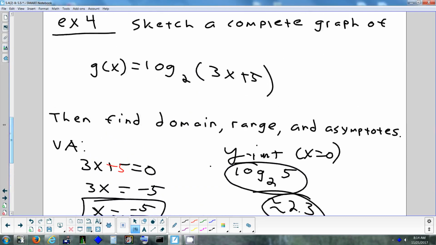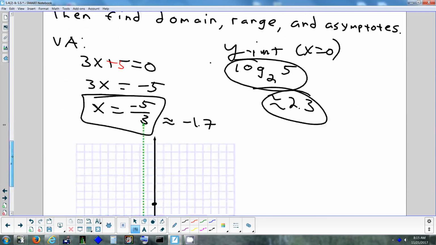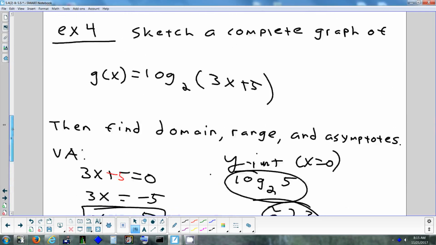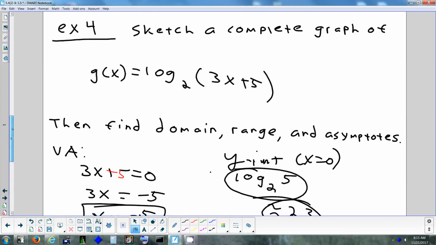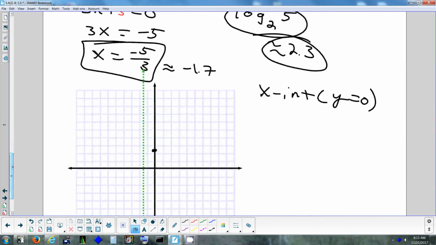Let's plug 0 in for y, and now get the x-intercept. So 0 equals log base 2 of 3x plus 5. Easiest way to solve that is to change it from log form to exponential. Trevor, what's my base there? 2.